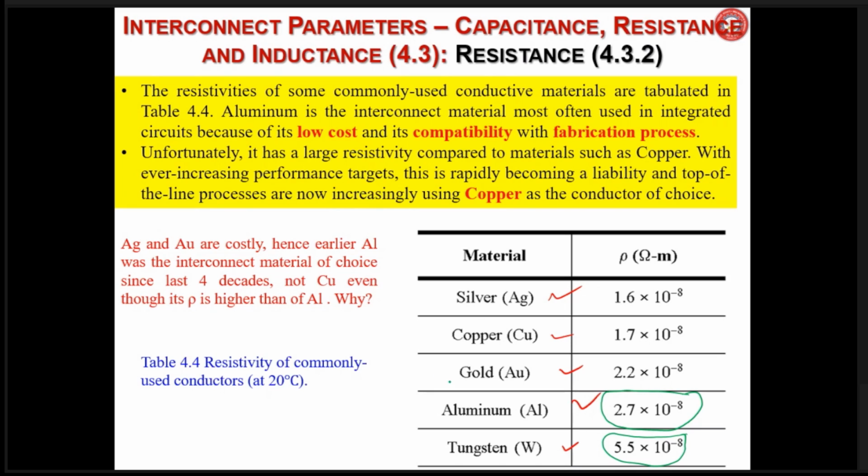As I said, silver and gold are costly. Hence, Al was the interconnect material of choice for the last 4 decades, not copper, even though copper's rho is lower than Al. Why? The answer will come later when we discuss something else: electromigration.